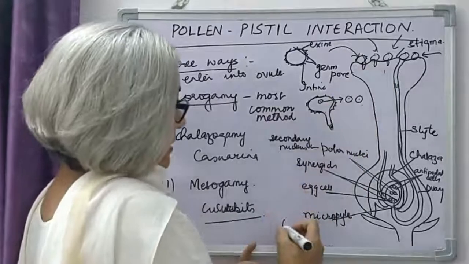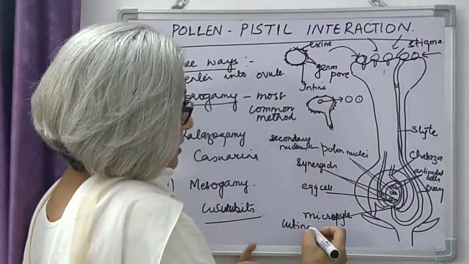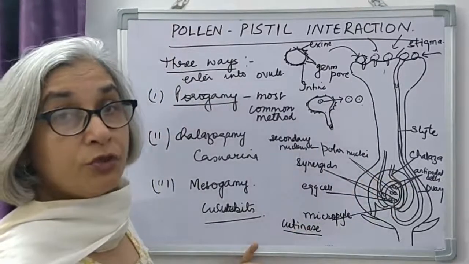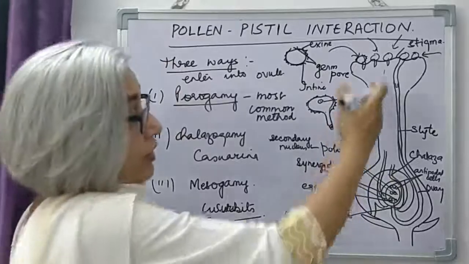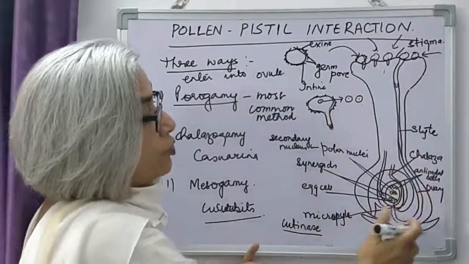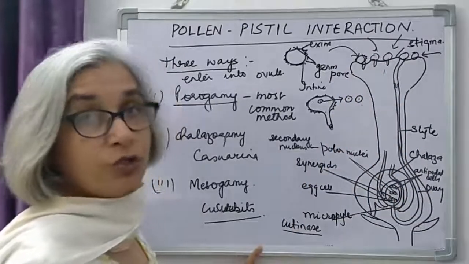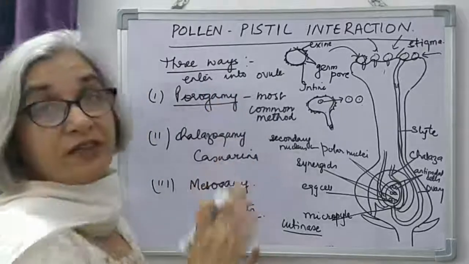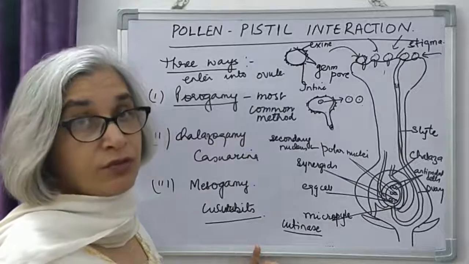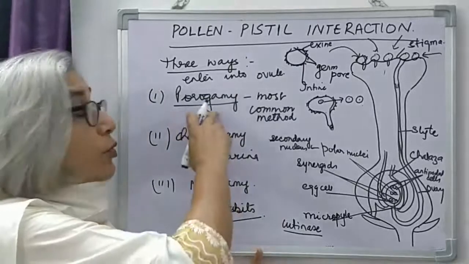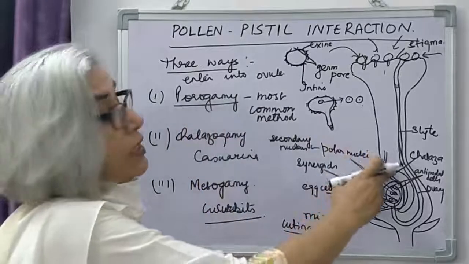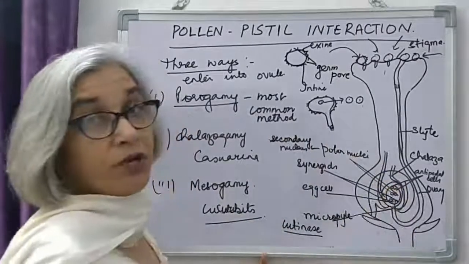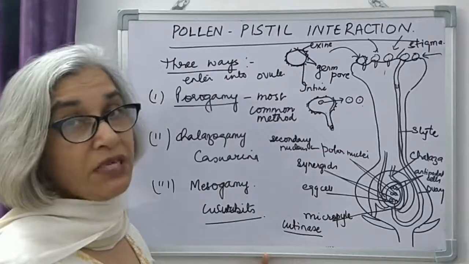There is an enzyme called cutinase present at the tip of the pollen tube, which is helping in dissolving the cells of the style to finally allow the pollen tube to reach the ovule. Three different ways in which it can enter the ovule. If it is through the micropyle, it is called porogamy. If it is through the chalaza, it is called chalazogamy. And if it is through the integuments, it is called mesogamy.